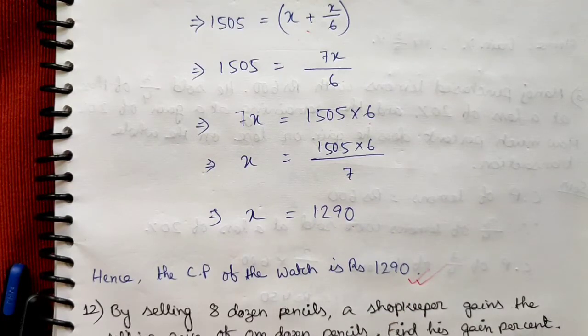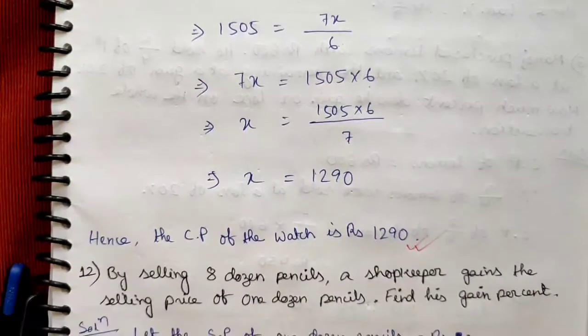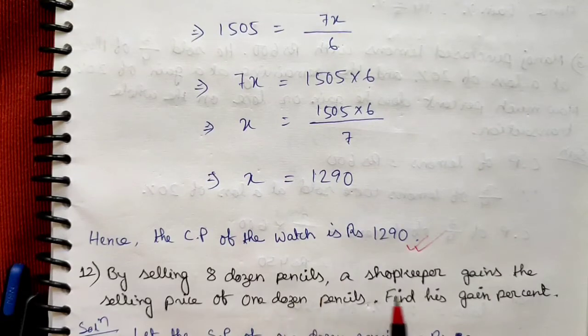Okay, so now let's move to our next question, that is question number 12. By selling 8 dozen pencils, a shopkeeper gains the selling price of 1 dozen pencils.